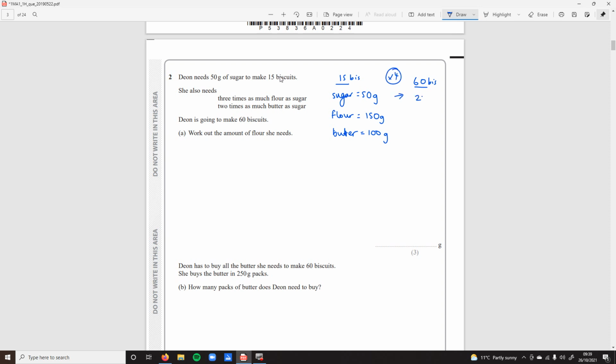So sugar will be now 200 grams, flour will be 600 grams, and butter will be 400 grams. Now work out how much flour she needs. So 600 grams.